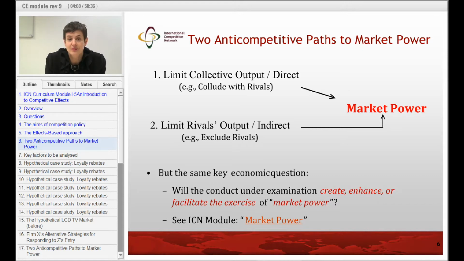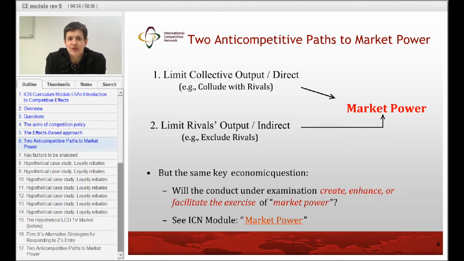The other is more indirect. This is where you limit your rivals' output or in other ways disadvantage your rivals. This in turn makes them less effective competitors, or may even exclude them from the market entirely, and that generates market power for the parties that are limiting the output.